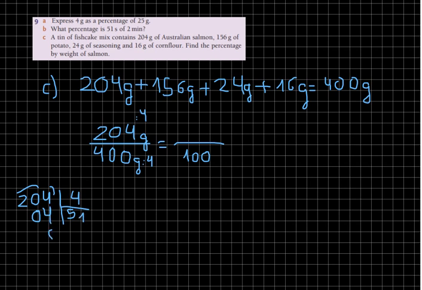To the 4, 0. So 204 divided by 4 is going to be 51. By the way, I can cancel here both grams, and every fraction with 100 as a denominator is in fact a percentage. So the amount of salmon in that tin of fish cake is 51%.